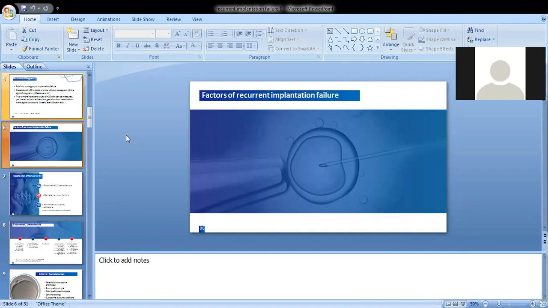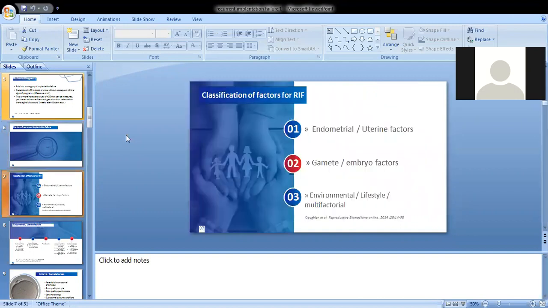Now, factors which can be responsible for recurrent implantation failure. If we look at a broad classification, the first group will be an endometrial or uterine factor, and another factor can be the embryo. Now we have to remember one thing, that in ART we are creating embryos and putting them back into the uterine cavity. So when there is an implantation failure, the most common factors may be these 2, either the embryo quality or factors in the embryo, or the endometrium or uterus, endometrial receptivity, I should say.